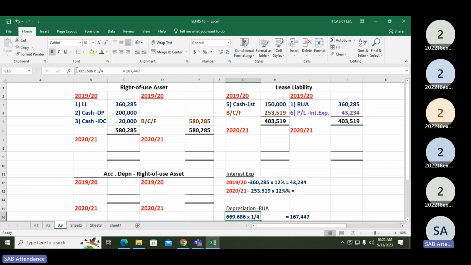Then now you have to depreciate this 580,285. That is your asset balance. Depreciate over 5 years, which is 116,000.